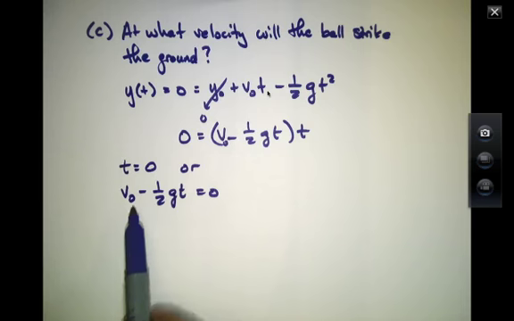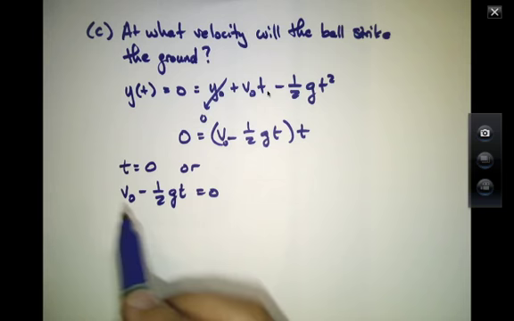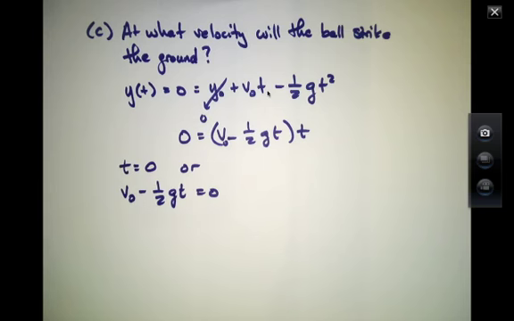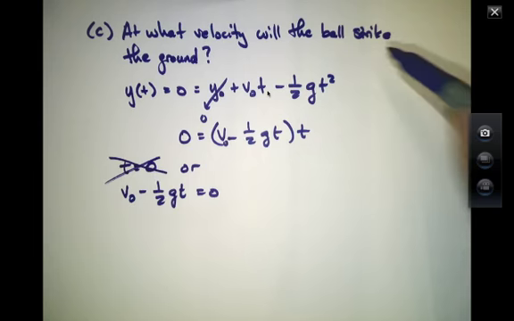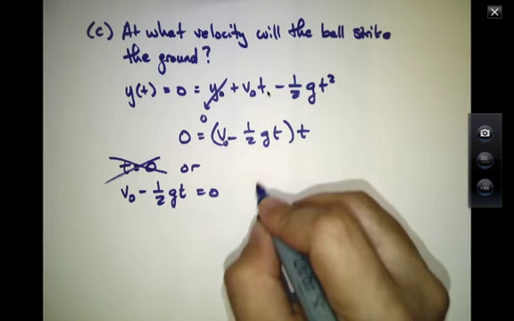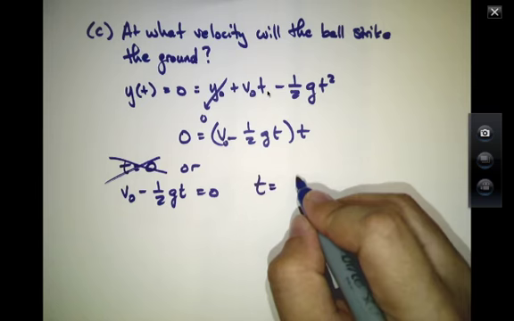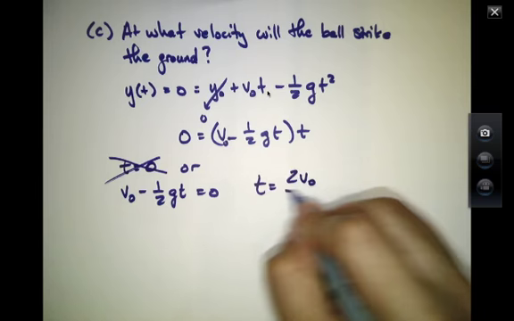So it's the second one that we're interested in, because that's the case where it strikes the ground again. So I'm going to cross this one out, not because it's not true, but because it's not the one we're interested in when we ask when the ball strikes the ground again. So in this case, the time is 2v naught over g.